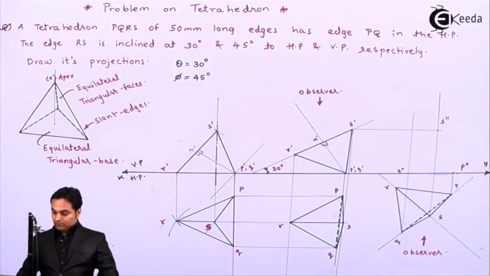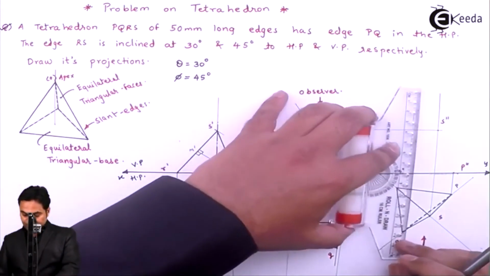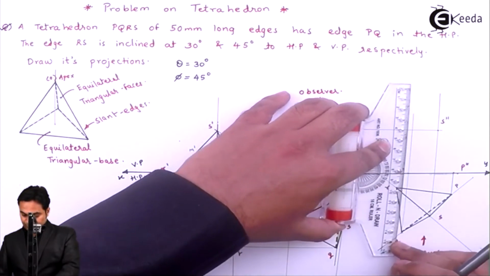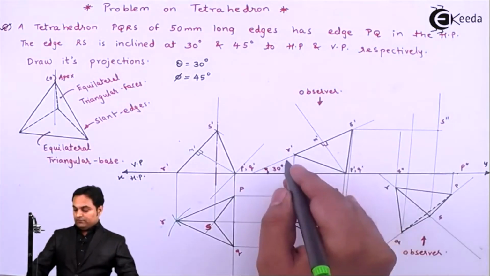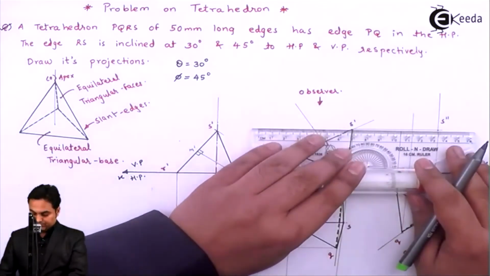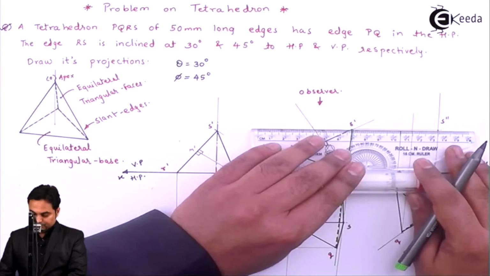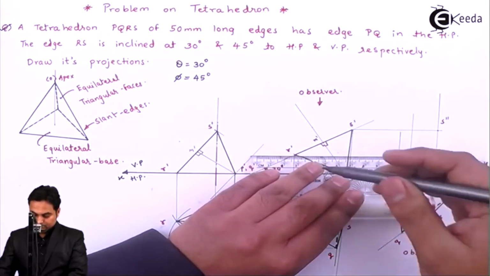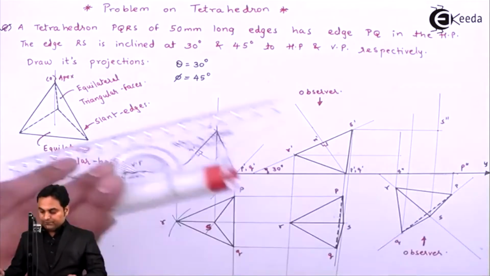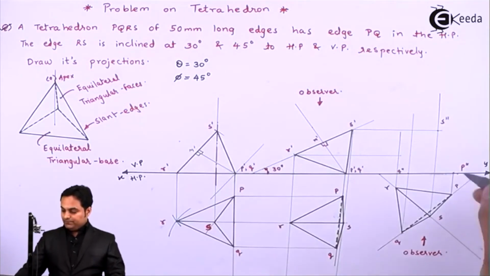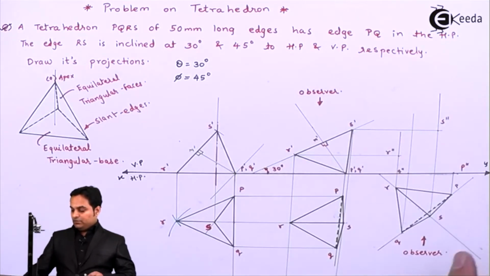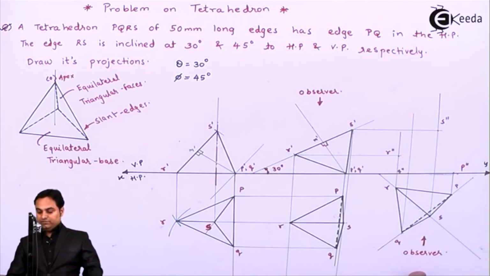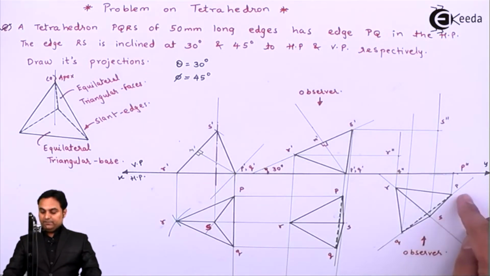Then point R, projected upwards from the front view, R dash. Where they intersect, that will give me the point R double dash. Now as an observer, when we are looking from this direction, the entire base is visible.